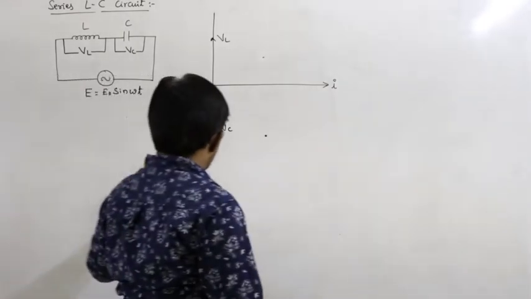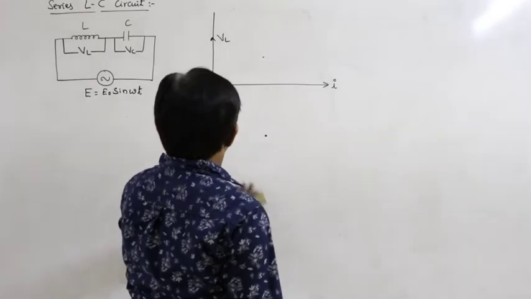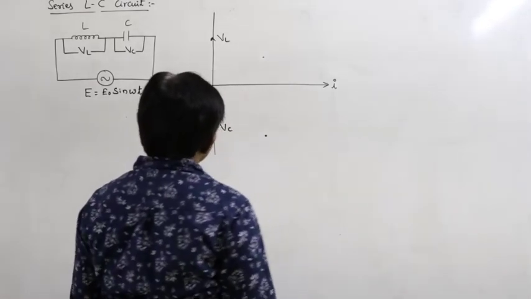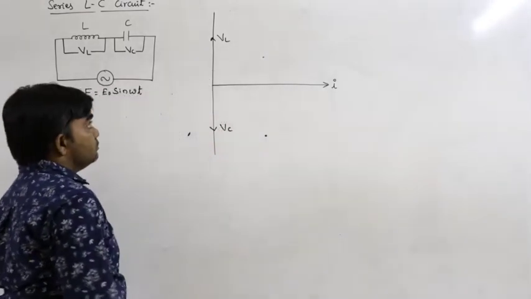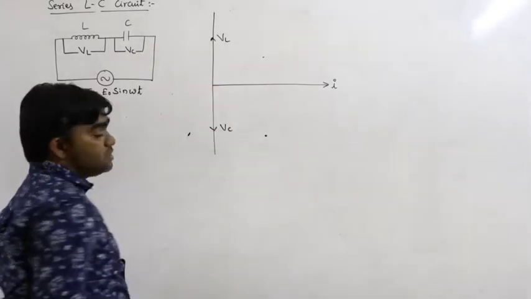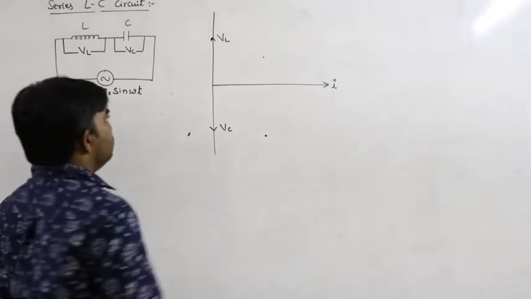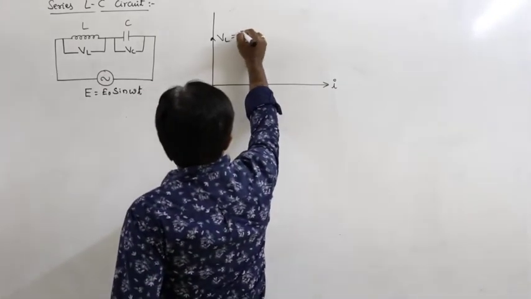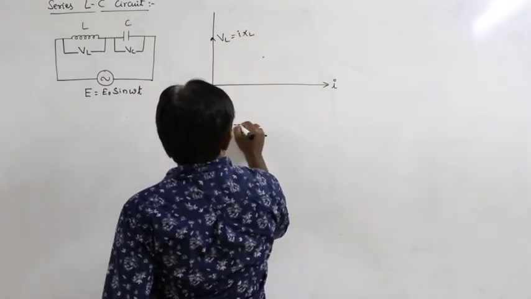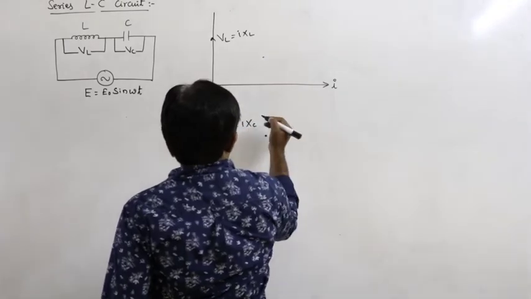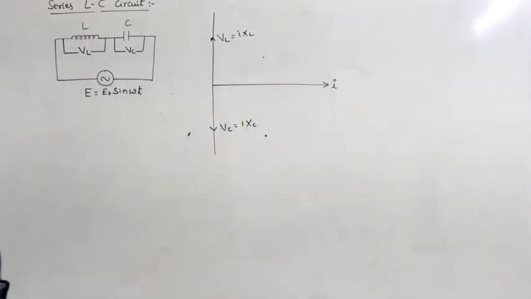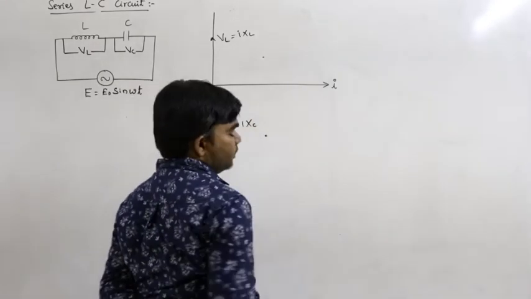Now, what happens here? What is the net potential? This is VL and this is VC. VL can be written as I XL and VC can be written as I XC. This is the current. We are drawing the phasor diagram.